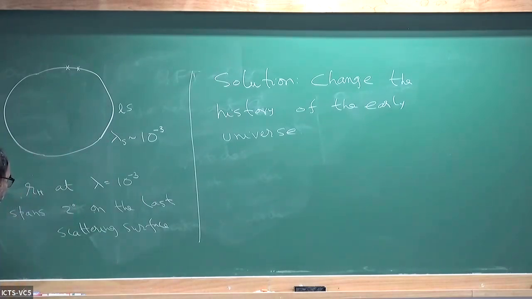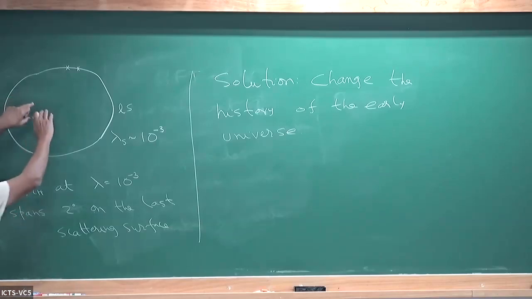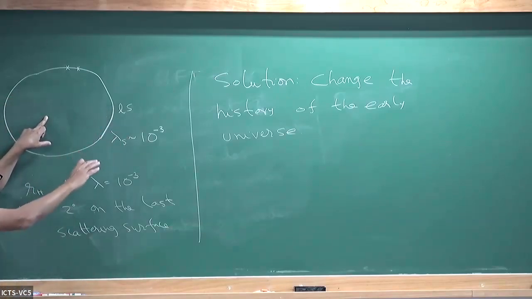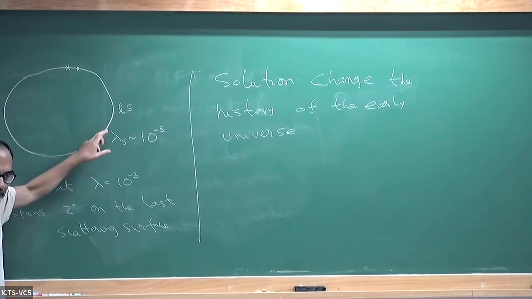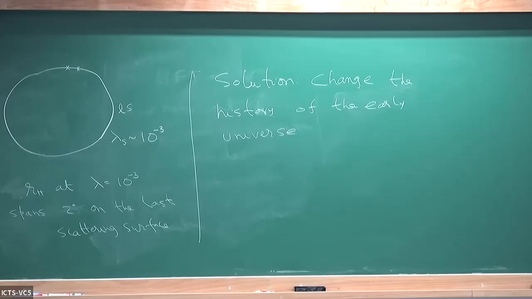How did you get the 2-degree number? Because you can calculate RH based on the standard FRW by doing this integral, and you can calculate the co-moving distance to the last scattering surface. What lambda do you put into that integral?